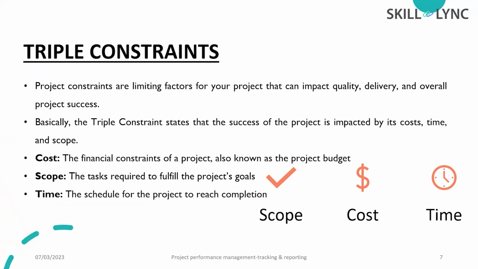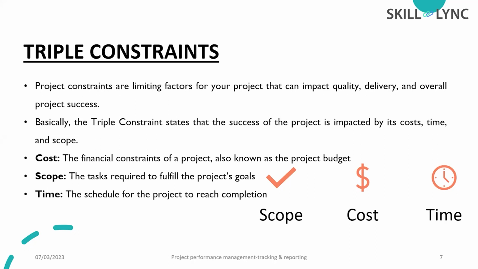For that, we have the three major points: cost, scope, and time. These points are known as the iron triangle or the triple constraints of a project. We will be mainly handling these three in construction, and once we can balance all three points, we will say the quality of the project is top notch.